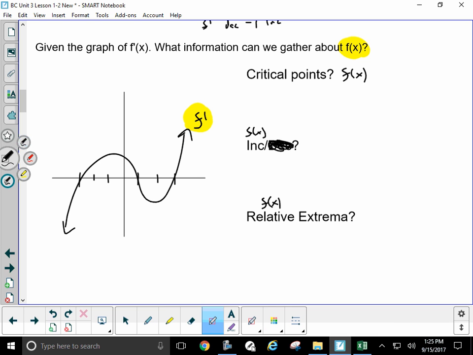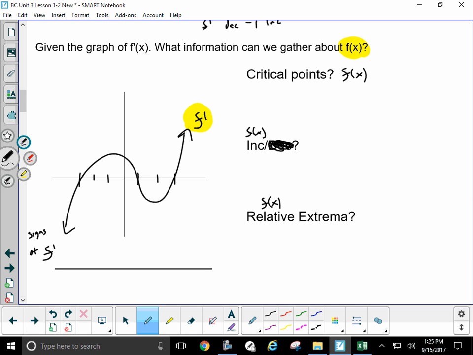What I would recommend you do is go ahead and create this two-dimensional number line and evaluate the signs of f prime. Now, the signs of f prime, it's not the slopes, it's just the values. Well, f prime values are positive if you're above the x-axis, or your y's are greater than 0.